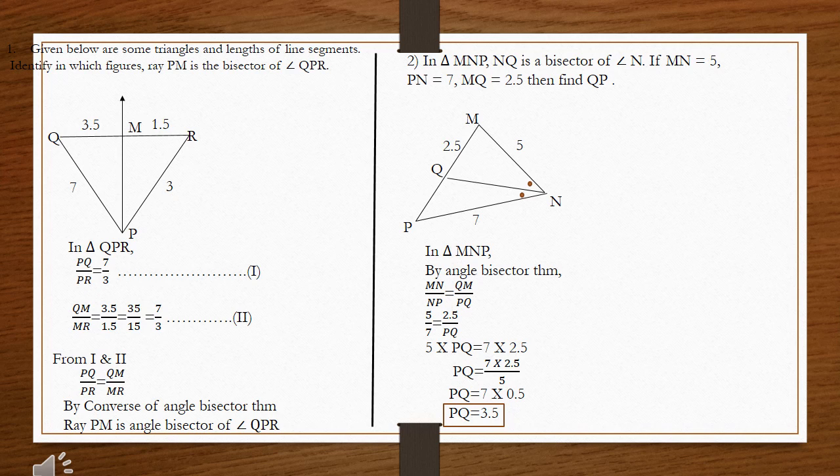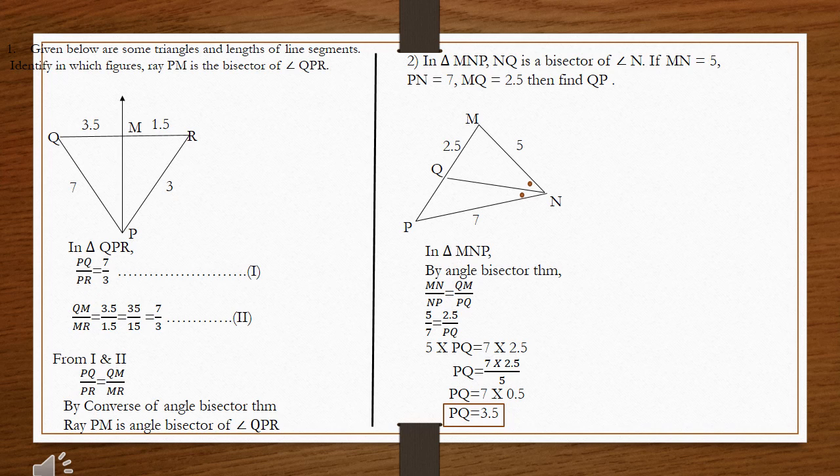Now take another ratio, QM upon MR equal to 3.5 upon 1.5. By removing the decimal point we get 35 upon 15, that is equal to 7 upon 3. Name it as equation 2.